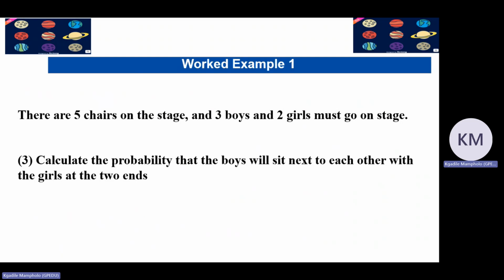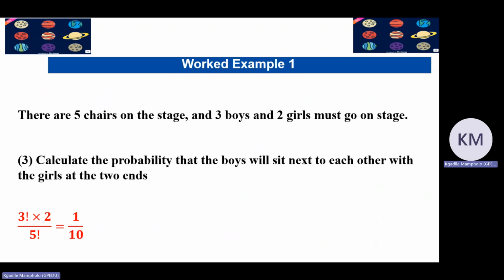Calculate the probability that the boys will sit next to each other with the girls at the 2 ends. So now here we'll say 3 factorial.